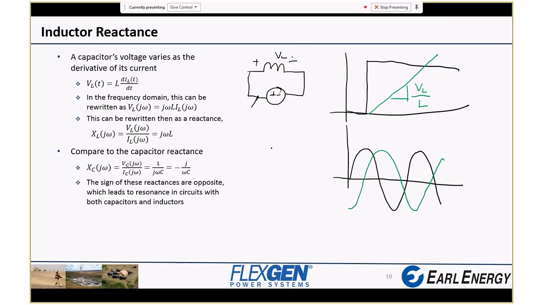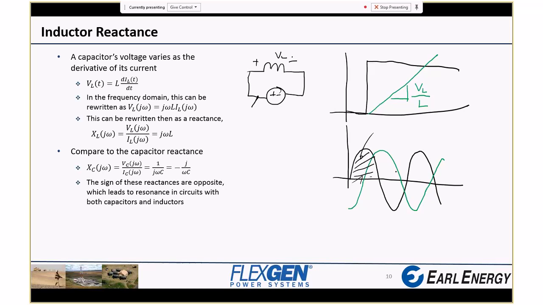Okay, if we look here at the sine wave, you can think of it as the area under this curve. At DC, that area is a lot, so it gives you a lot of time to ramp up the current. At high frequencies, it's a very small area, so it doesn't give the inductor current much time to rise and similarly fall.